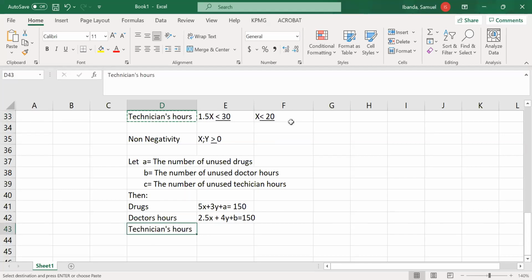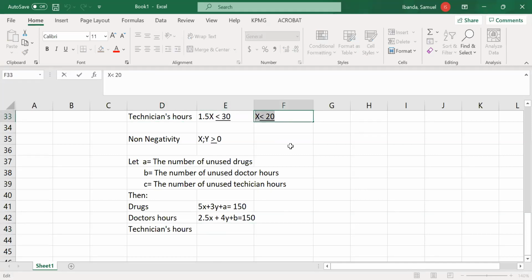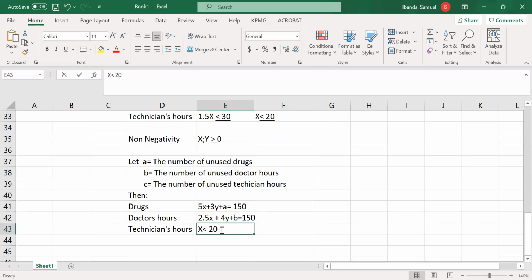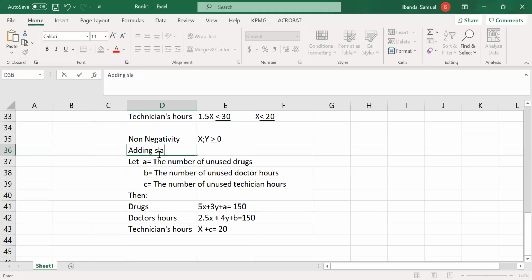So we have x less or equal to 20, so it will be x plus c equaling to 20. That is what we basically have. So we've added our slack variables.